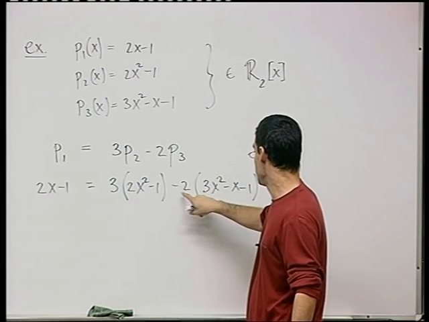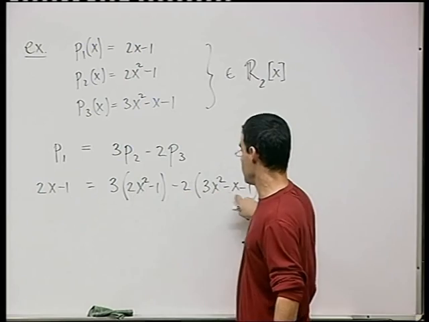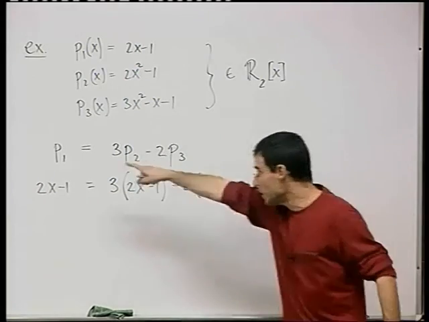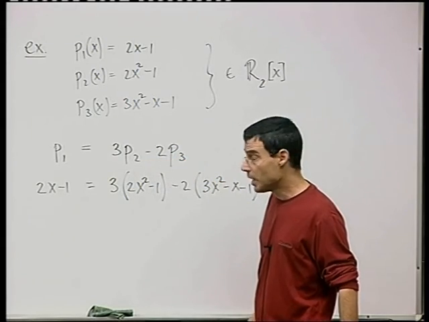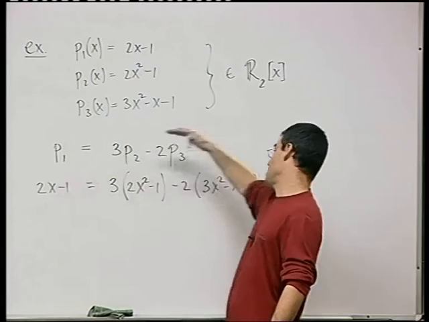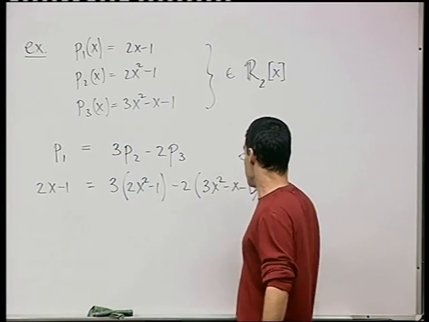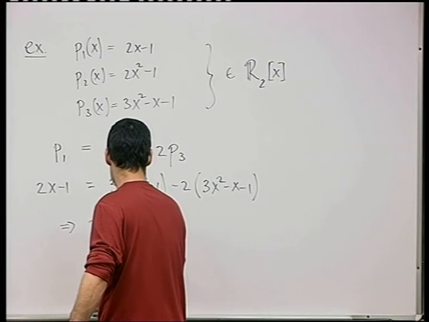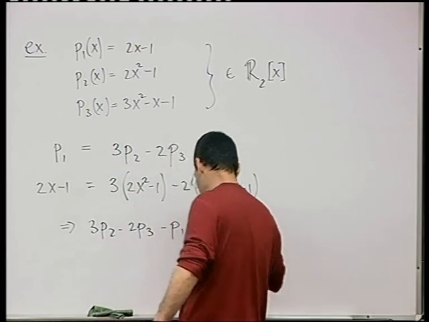Minus 3 plus 2 is minus 1 here. And then plus 2x. So do you agree to this? So P1 is a linear combination of P2 and P3. Or you can move this to the other side, so another way of saying this is 3P2 minus 2P3 minus P1 equals 0.